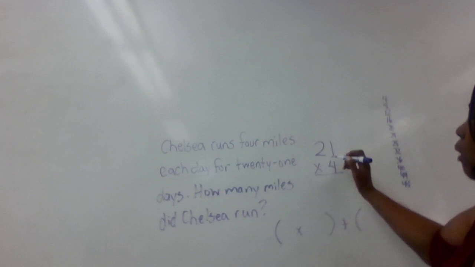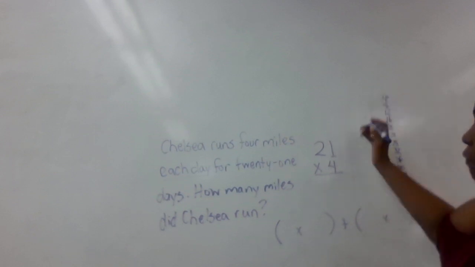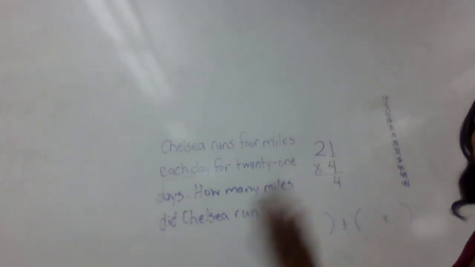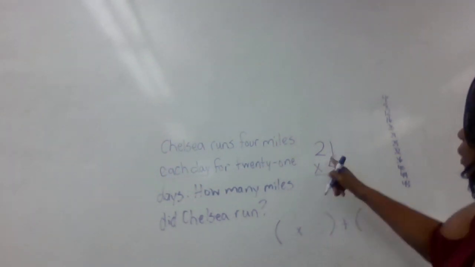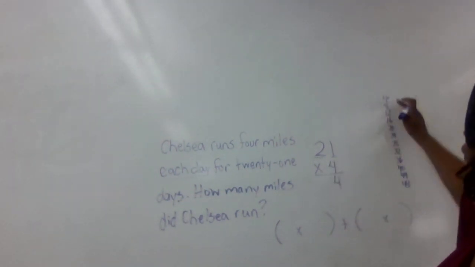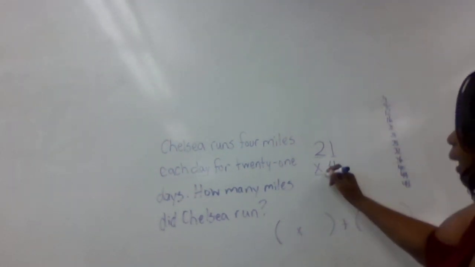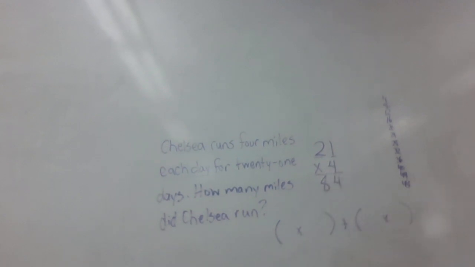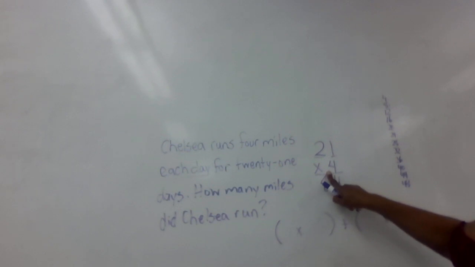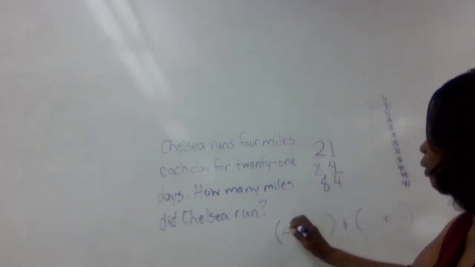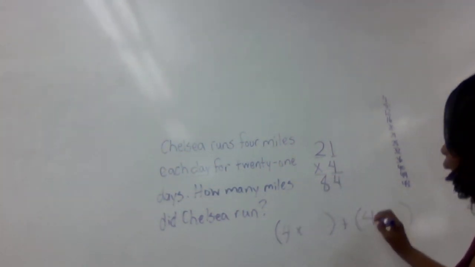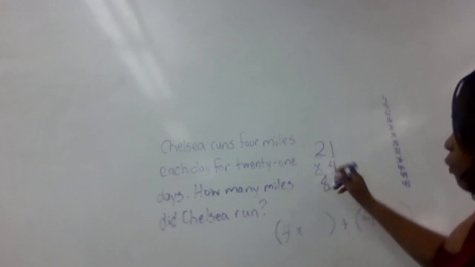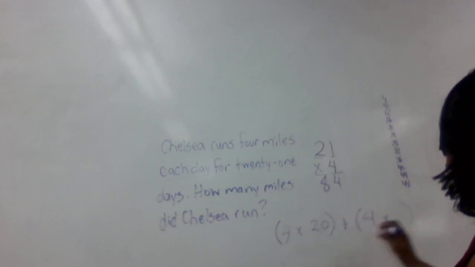I'm going to go down 1, and that's 4. There's no plus to carry over because it's just 4. 2 times 4, we're going to go down 2. That puts me at 8, so I get 84. Now I'm going to check by doing the distributive property. I'm multiplying each number by 4, so 4 is going to go first. Then we're going to have the expanded form of 21, and that's 20 and 1.